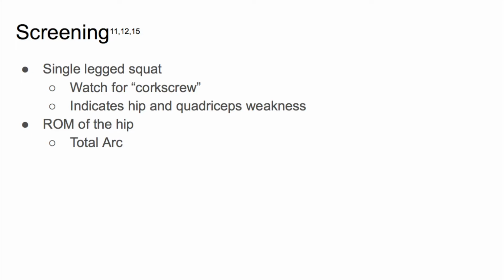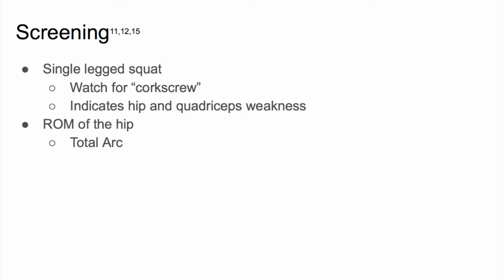Weakness in the hip musculature, in the abductors and the adductors and the hip flexors, could cause premature opening or a forward pelvic rotation, which in turn increases the demand on the distal kinetic chain and the medial elbow.